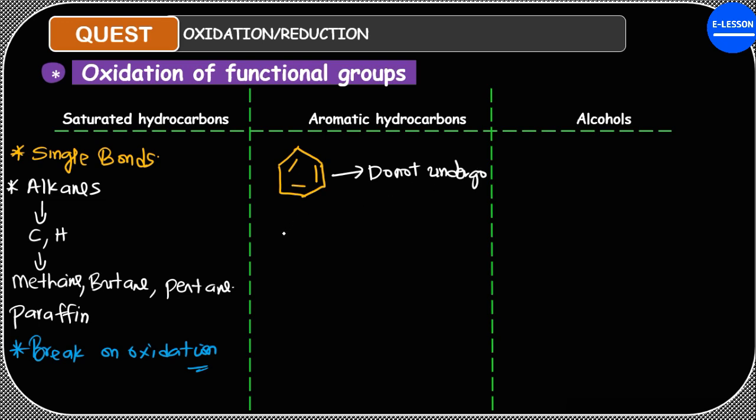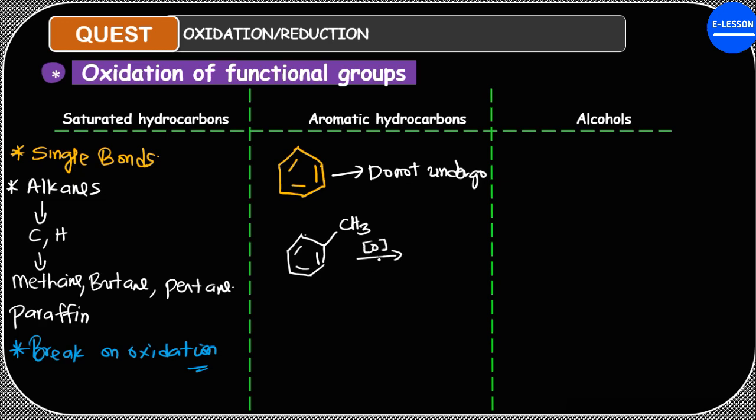But when benzene is substituted, the substituent can easily be oxidized. For instance, let's say you have methylbenzene, which is commonly called toluene. Now, this methylbenzene can be oxidized by an oxidizing agent.